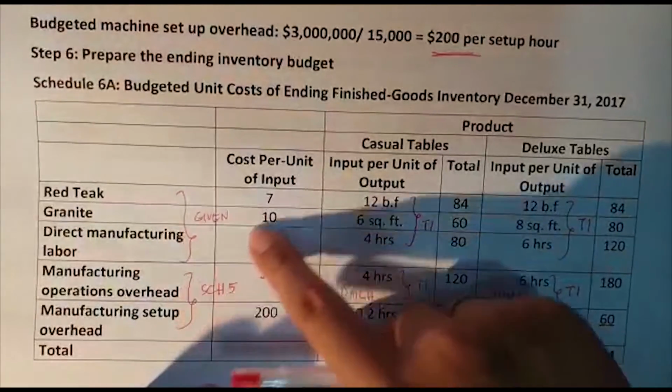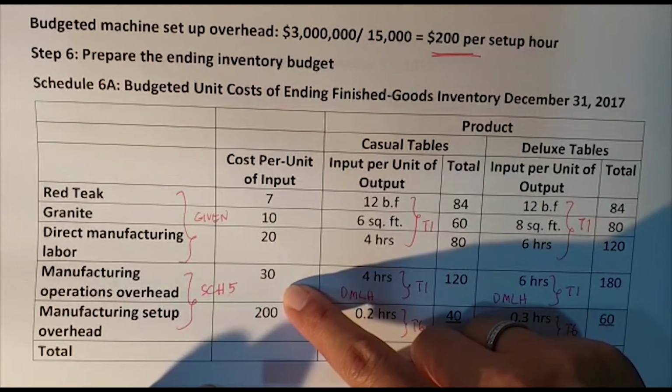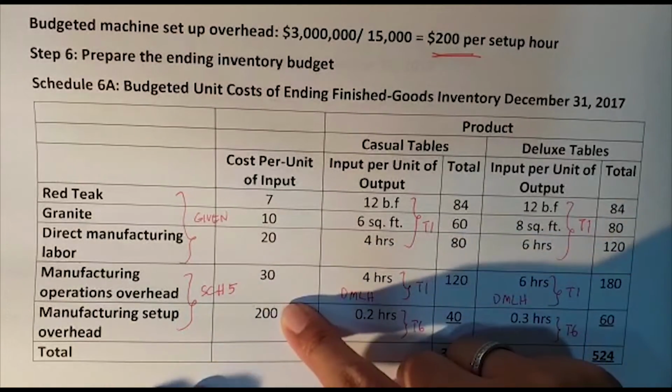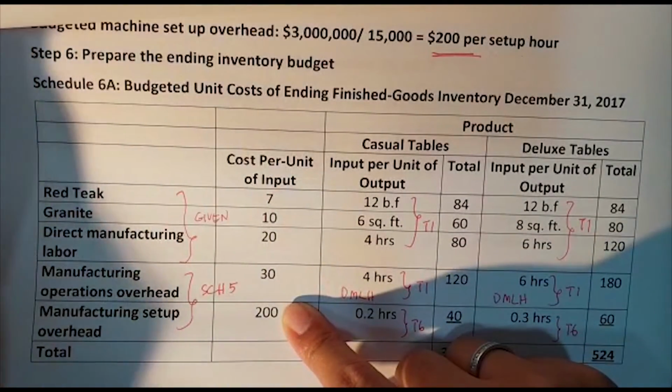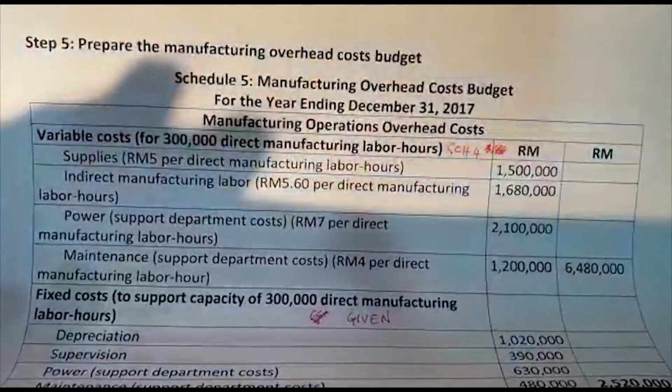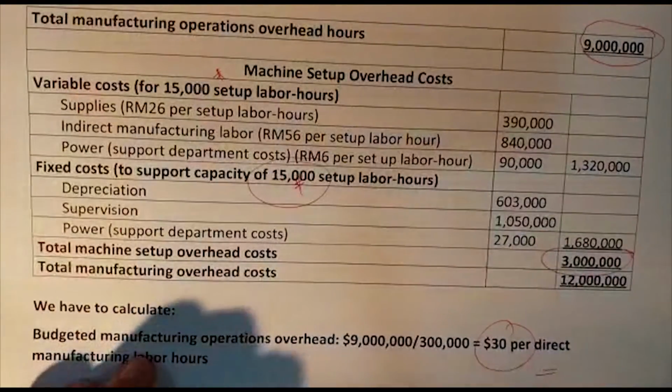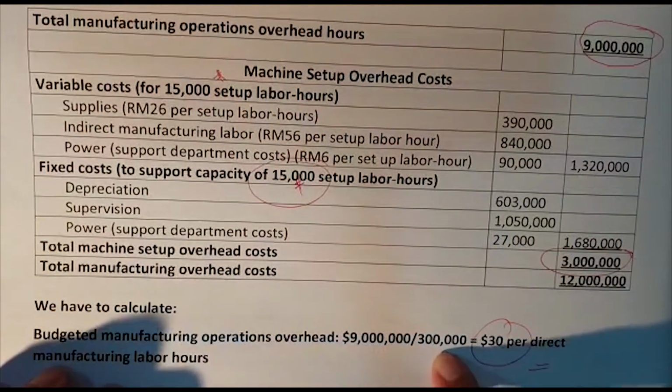While for cost per input for our manufacturing operations overhead, as well as manufacturing setup overhead, this 30 and 300 is actually from our schedule 5. Okay, if you look back at our schedule 5, we already calculate here budgeted manufacturing operation overhead based on the capacity.